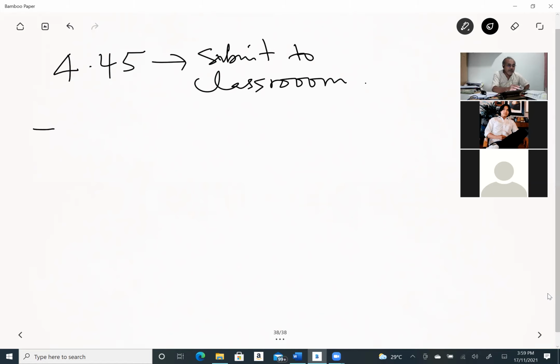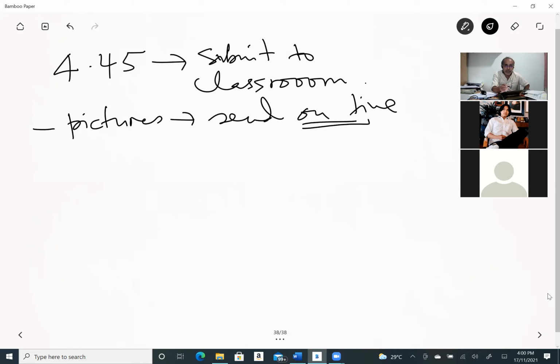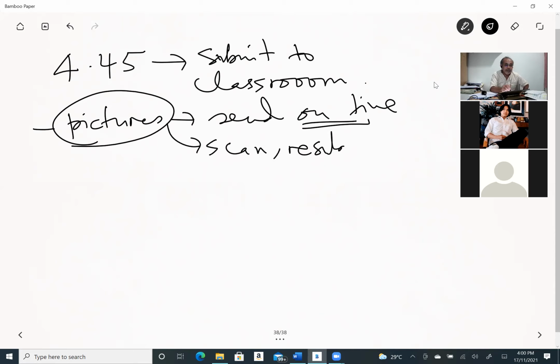If there is a problem scanning, or you have no time to scan, what you do is take pictures nicely and send them on time, because what I want is for everybody to send on time. Send the pictures taken by your handphone to me, to the classroom. If it is not very good, later on you can scan and resubmit.